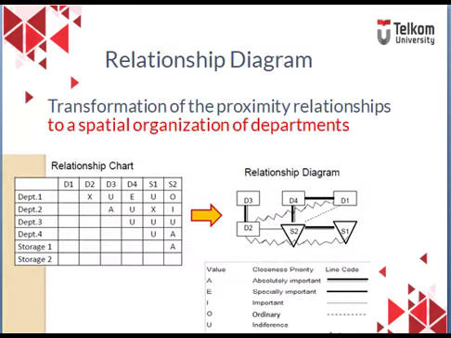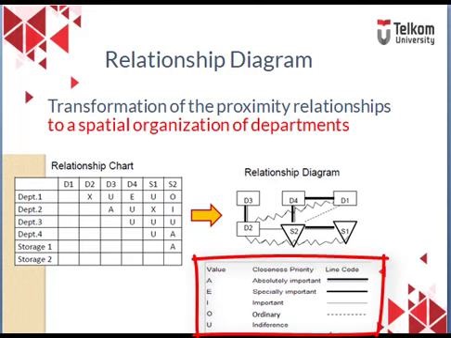Beside ARC, there is another diagram that shows activity relationship. Relationship diagrams show the transformation of the proximity relationship to a spatial organization of departments. Basically, it still needs the closeness code, but a graphical representation is included. For example, double bold line, dash, zigzag that may have different meanings.